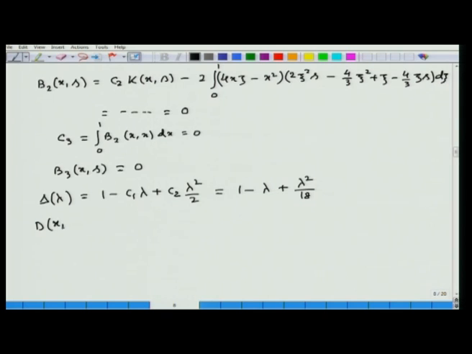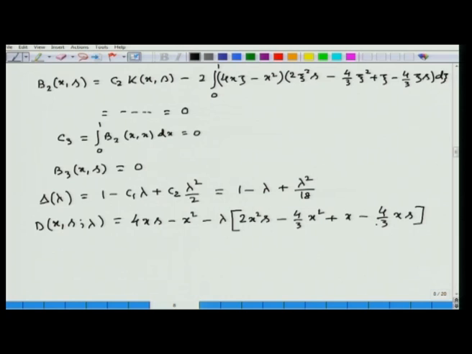and D(x, s; λ) is equal to 4xs − x² − λ times b1(x), that is 2x²s − (4/3)x² + x − (4/3)xs.